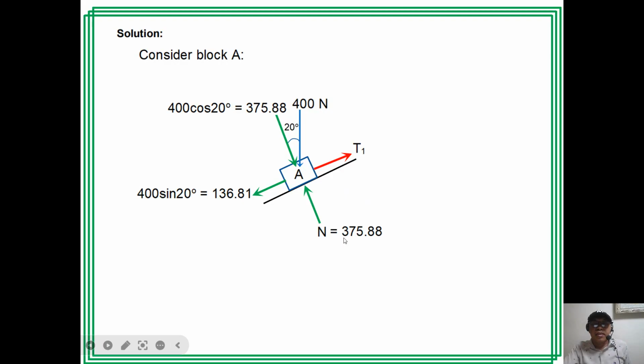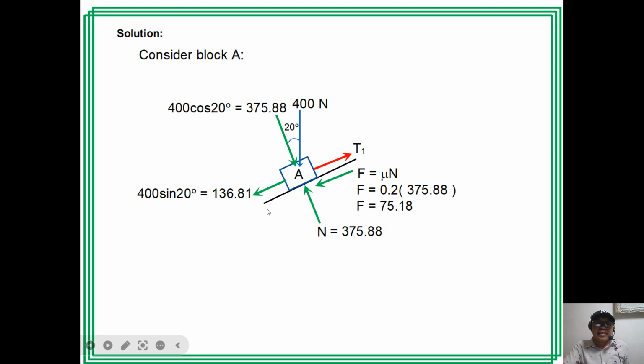Then, normal is just equal to this component of the weight, so, this is accelerated upward. So, meaning the friction is opposite. Okay? So, this is 0.2 times 375.88, which is 75.18. Okay.